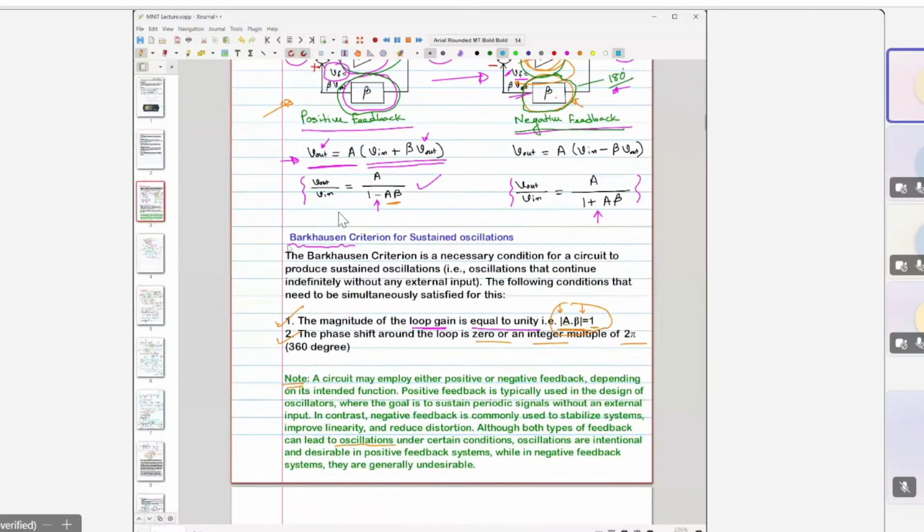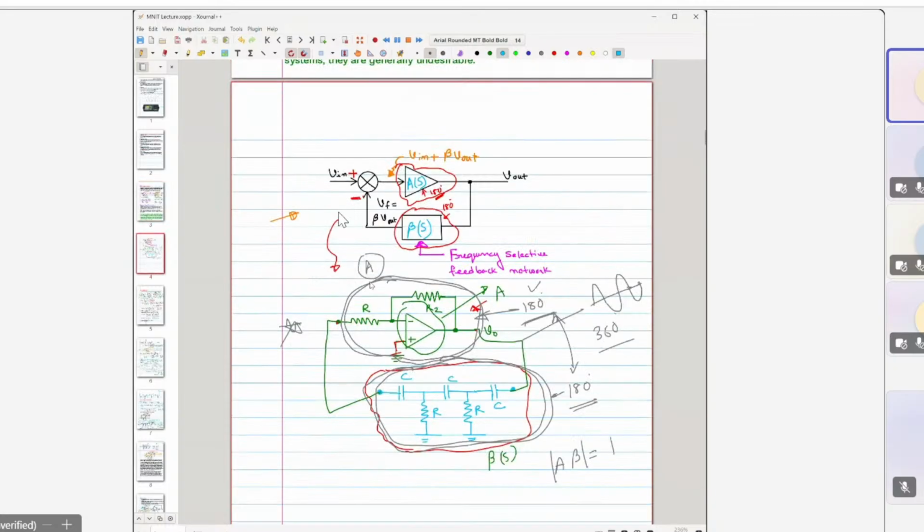We have seen the criteria for oscillation, which is nothing but the Barkhausen criteria. Then we also discussed in terms of circuit level how to implement it, and how to check whether there is a possibility of getting any oscillation or not.